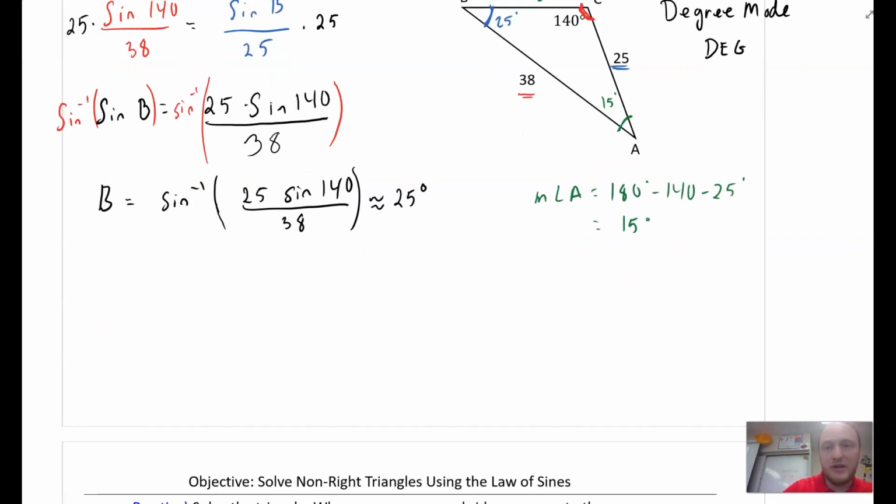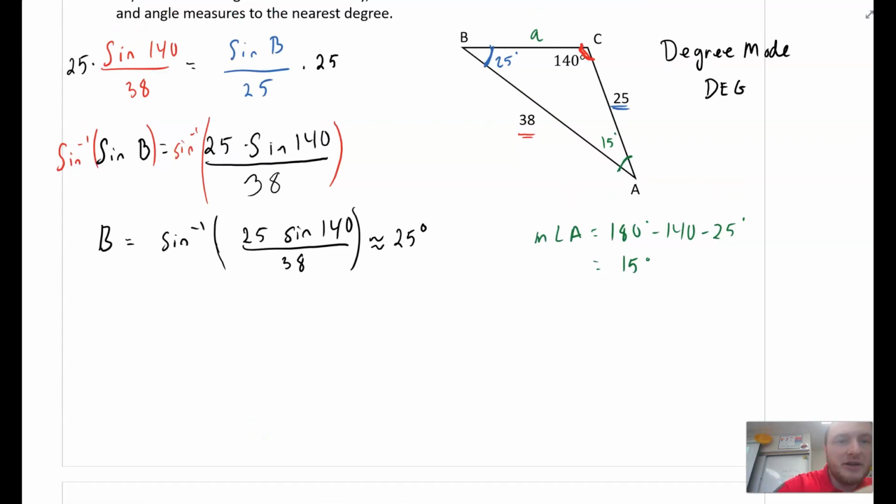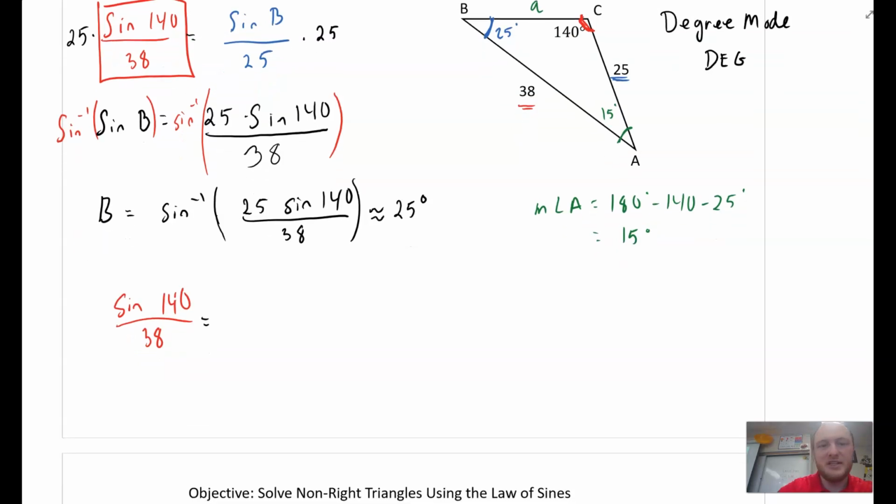Okay, next, we're going to find side little a, again using our initial setup. I initially knew that sine of 140 over 38, that ratio can be used with law of sines. So I set this equal to sine of 15 over a. Okay, and I have to solve this.